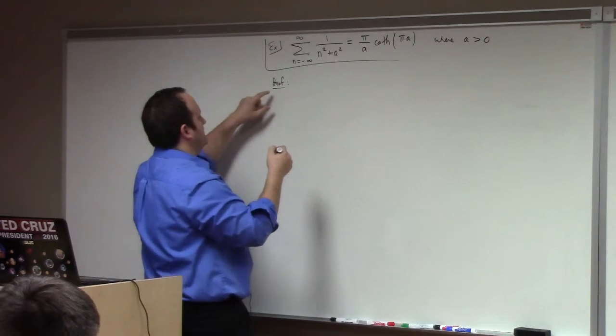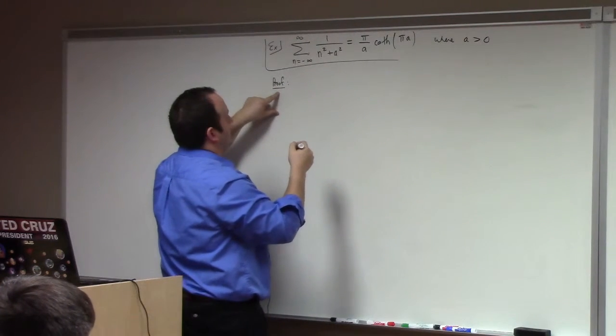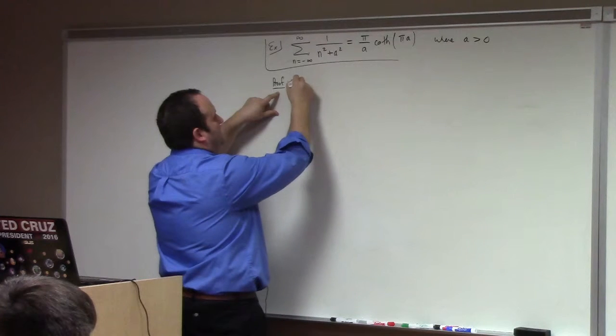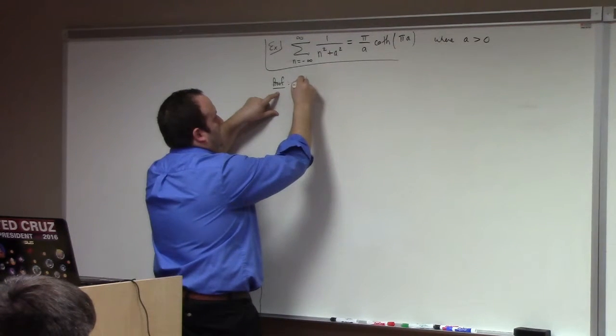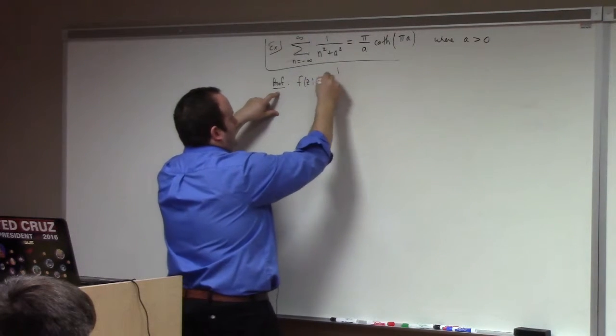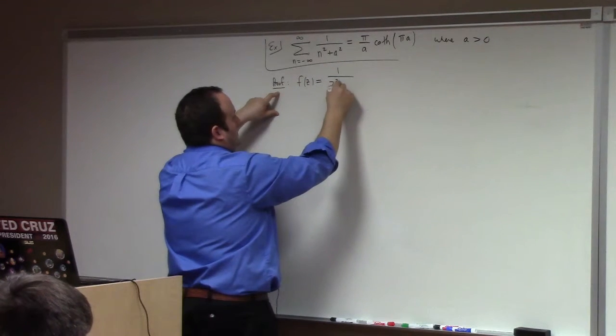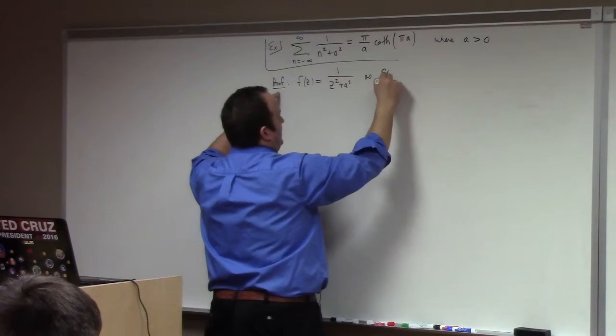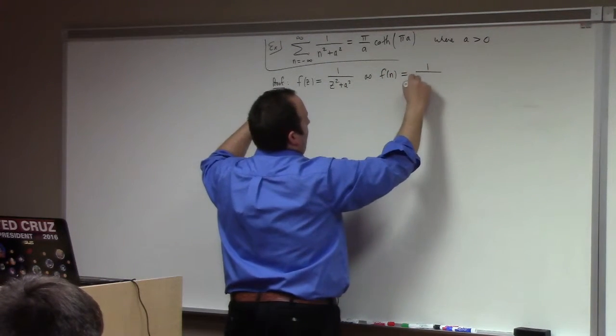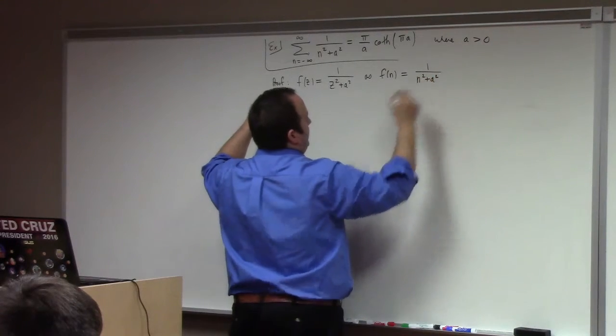Anyway, it's pretty straightforward. So the proof of this problem: we just want to let f of z equal 1 over z squared plus a squared, so f of n is what? That's clear.